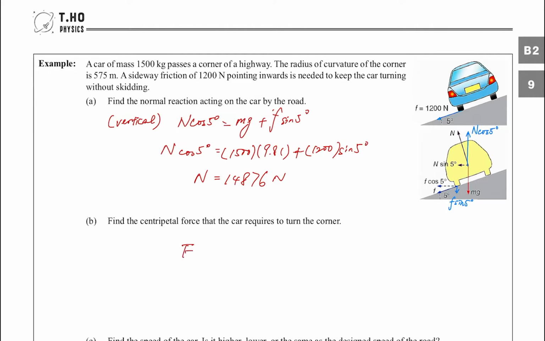So we can write down an equation saying that F equals ma. Now the force is given by two components. Firstly, N sine 5 degree plus the F cosine 5 degree. So these two forces add up and become the centripetal force.